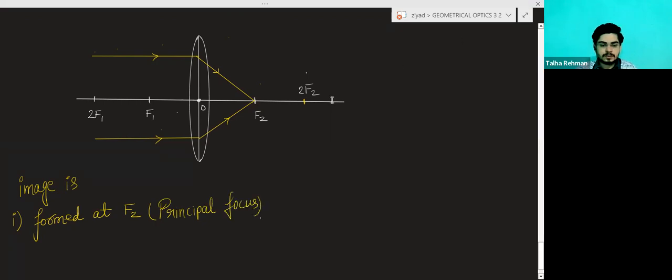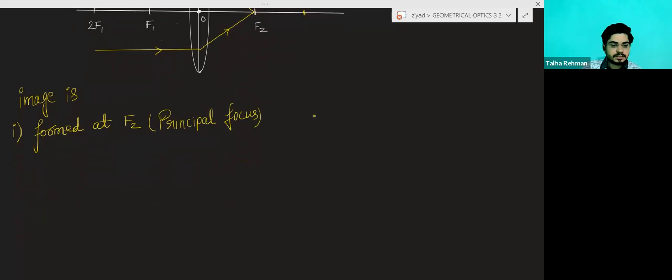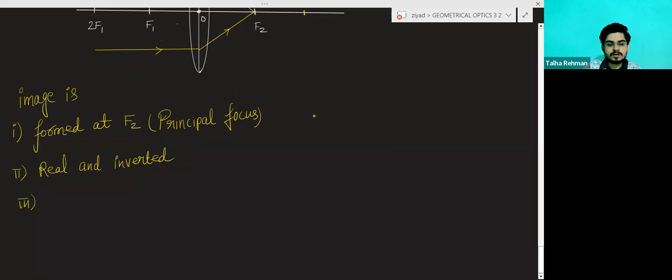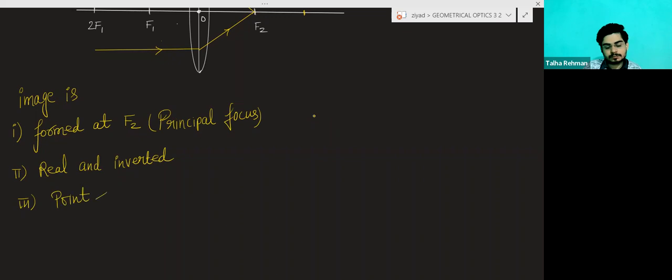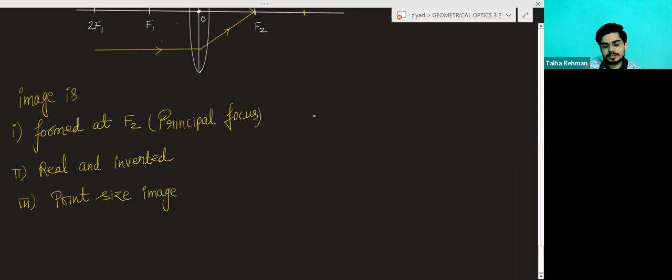So formed at F2. Number second, it will be real and inverted. Number third, point size image, means very, very smaller than the object.